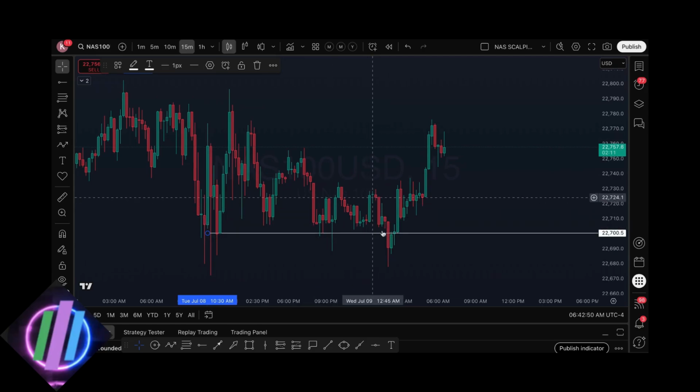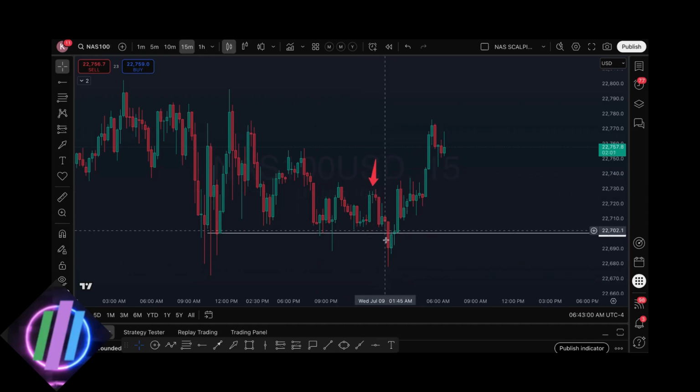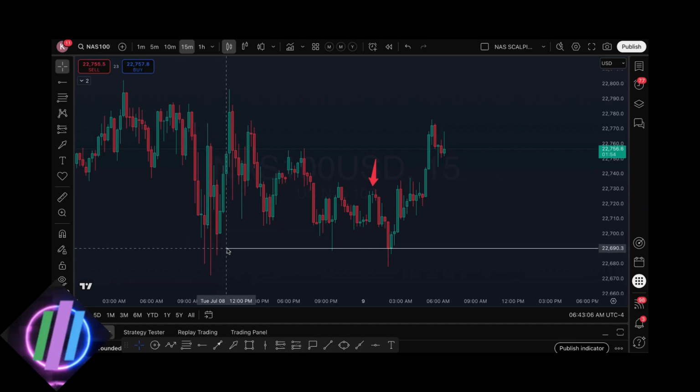And this low was broken from this pullback right here. Okay. So this high made this low. So now we have a new low and a new high that made that low.